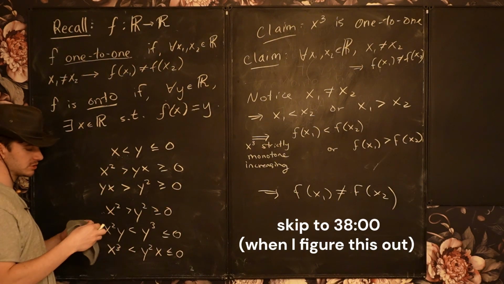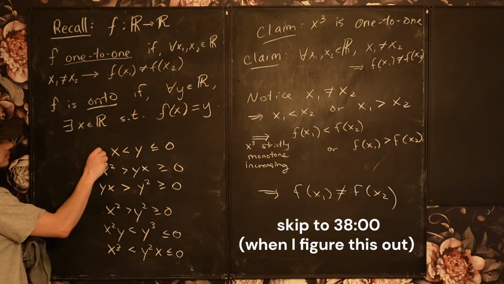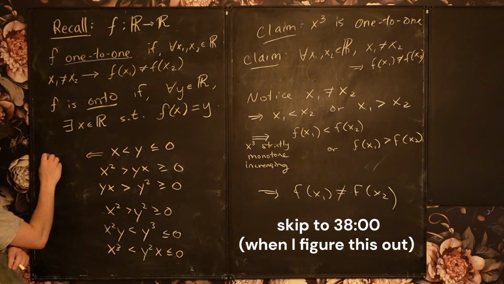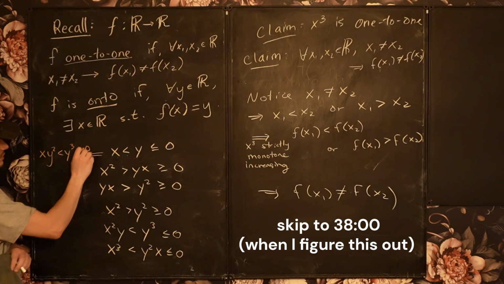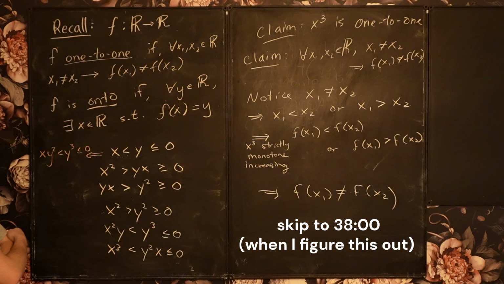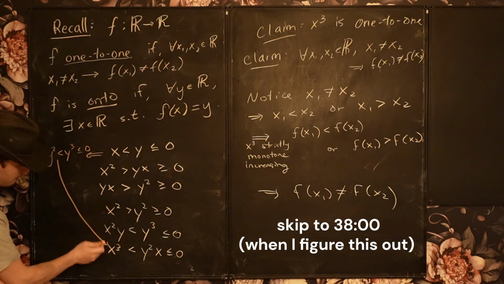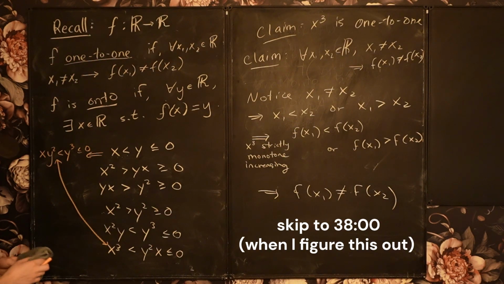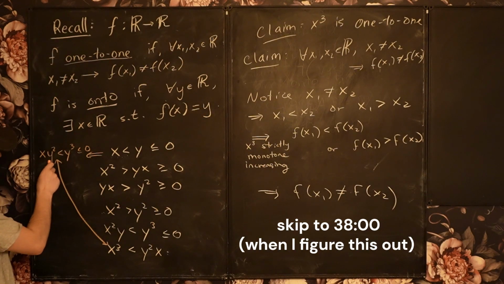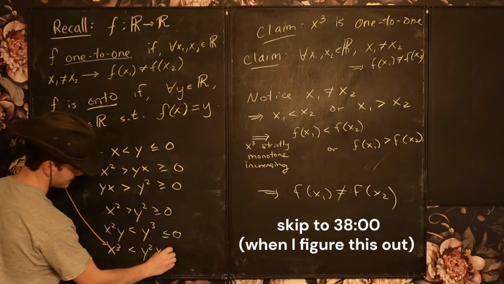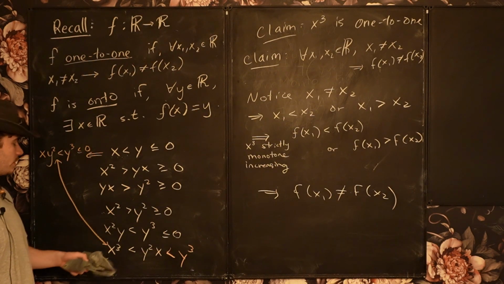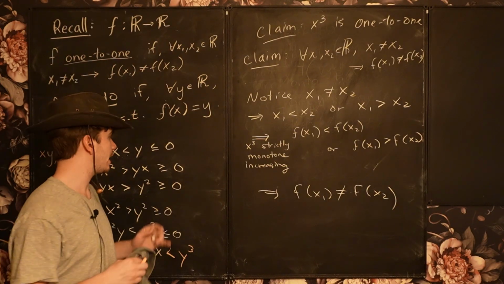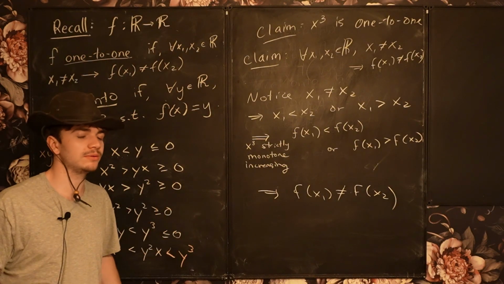If I multiply this original inequality by y squared, and y squared is positive, so it preserves the inequalities, I get x y squared is less than y cubed, which is less than or equal to 0. Does that help me? Yes. If I look at these two inequalities, then I've just shown that y squared x is less than y cubed. Okay, great.